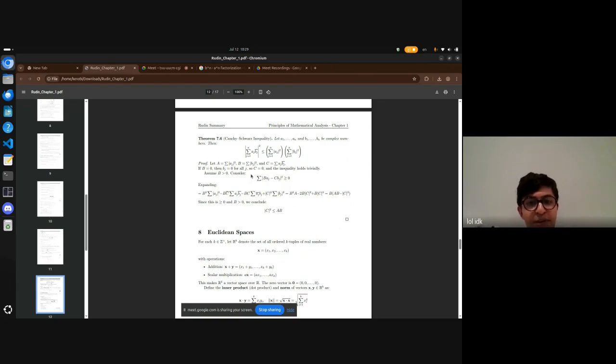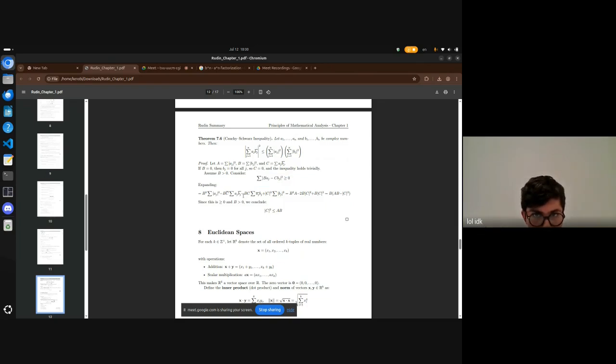And we assume B is greater than 0, and we consider this expression. If we expand it, we get B squared times the sum of |a_j| squared minus B times the conjugate of C times the sum of a_j times the conjugate of b_j, minus BC times the sum of the conjugate of a_j times b_j, plus |C| squared times the sum of |b_j| squared.